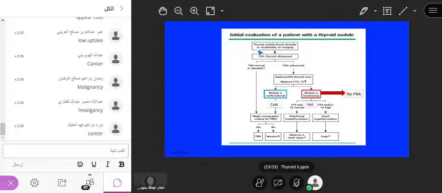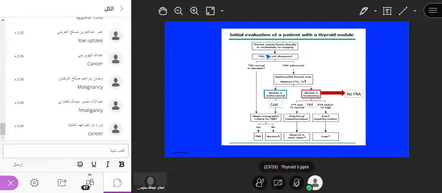And the most important thing to guide you for the workup of the thyroid nodule is the TSH. So first TSH. There is imaging, okay. If there is no ultrasound, go ahead and get an ultrasound.